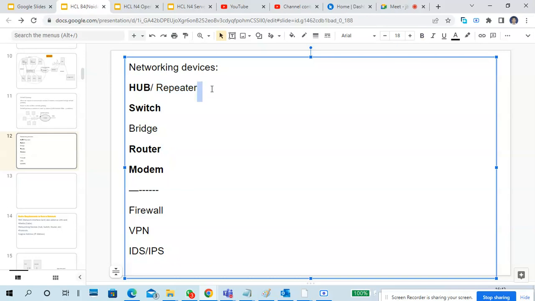So, simple terminology to understand: hub is used for LAN communication, small networks. Switches are used for LAN communication only, and you use them for small and large networks also.